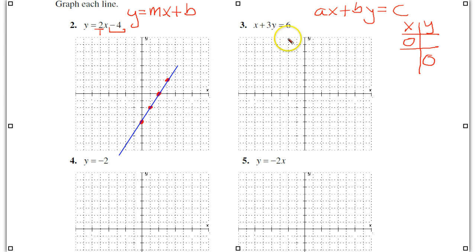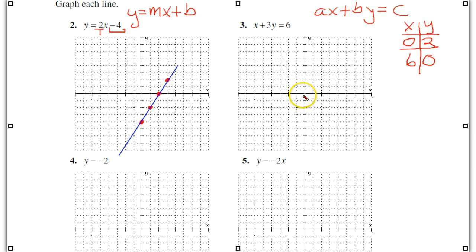And now if we have x here as 0, y is going to be, dividing both sides by 3, we get a 2. And then now if y is 0, x is 6.